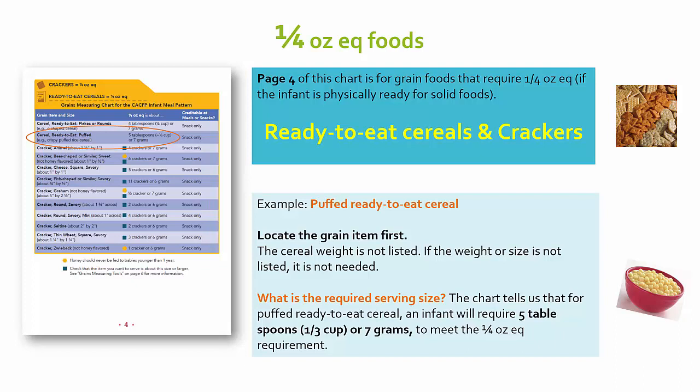Let's locate the grain item first. The cereal weight is not listed, and if the weight or size is not listed, then we don't need to look at that. So we just see what the required serving size is. The chart tells us that for a puffed ready to eat cereal, an infant will require 5 tablespoons, which is about 1/3 of a cup or 7 grams, to meet the 1/4 ounce equivalent requirement.